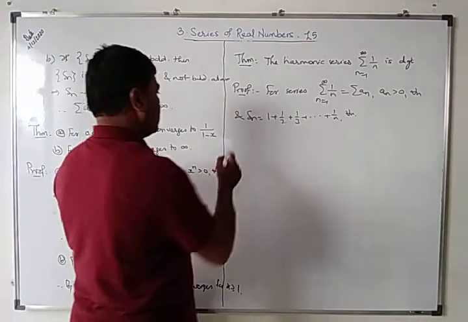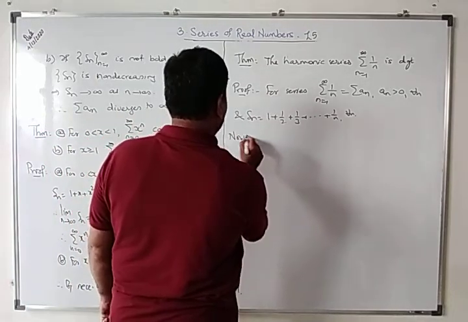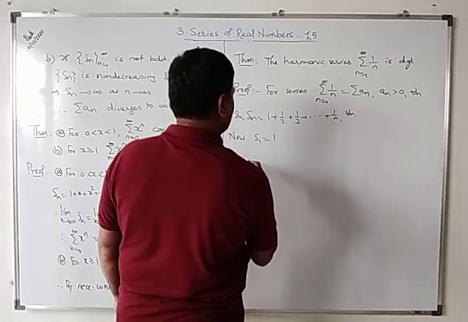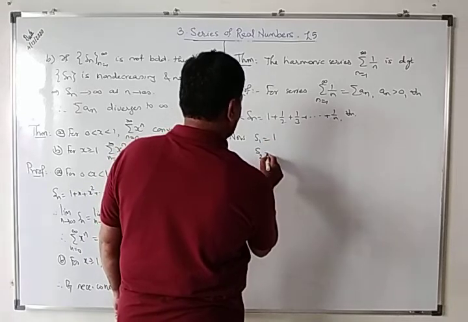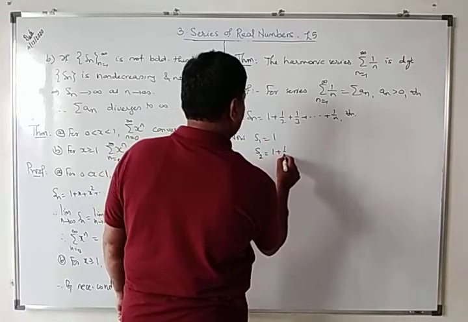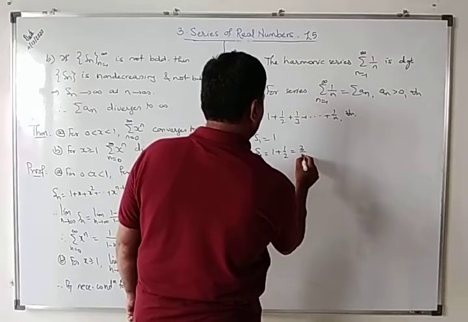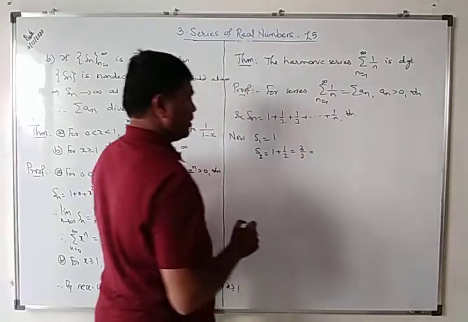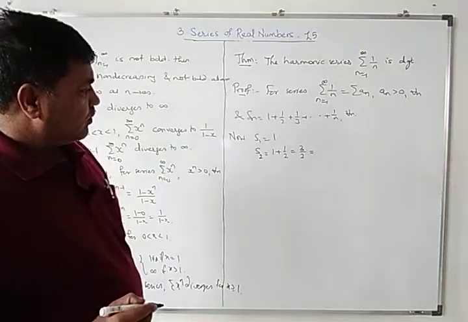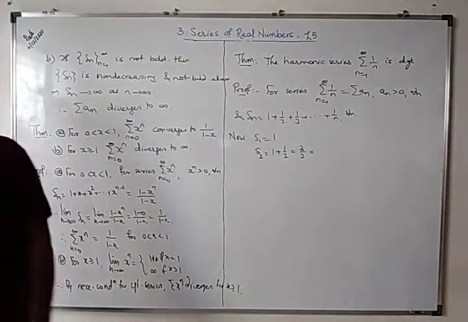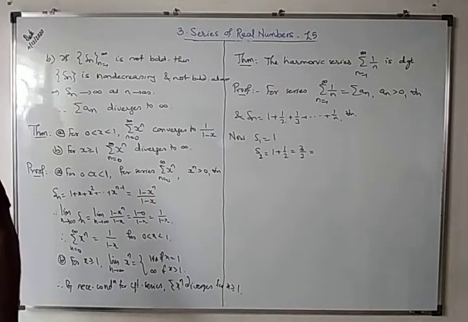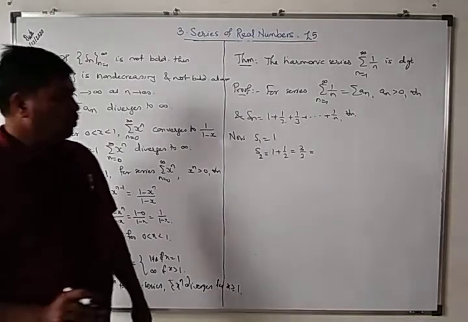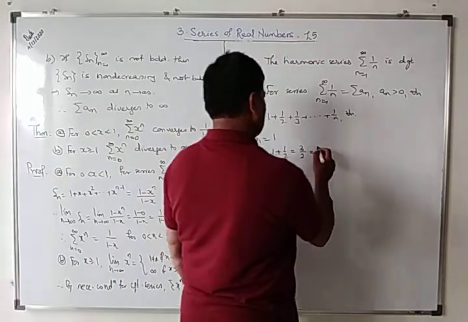Okay. Now S1 is 1, S2 is equal to 1 plus half, which is nothing but 3 by 2, which is nothing but (1 plus 2 by 2).